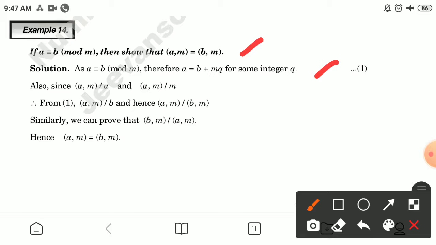Also, since the greatest common divisor of A and M divides A and divides M, therefore from first, the greatest common divisor of A and M divides B and hence divides the greatest common divisor of B and M. Similarly, we can prove that the greatest common divisor of B and M divides the greatest common divisor of A and M, hence both are equal.